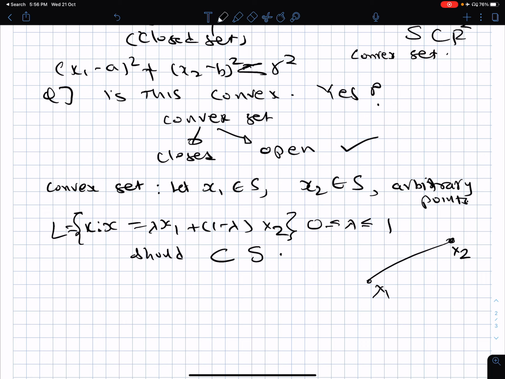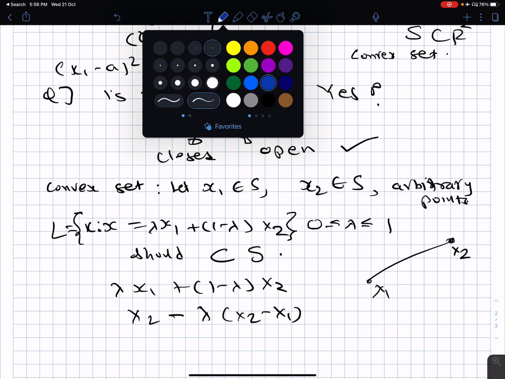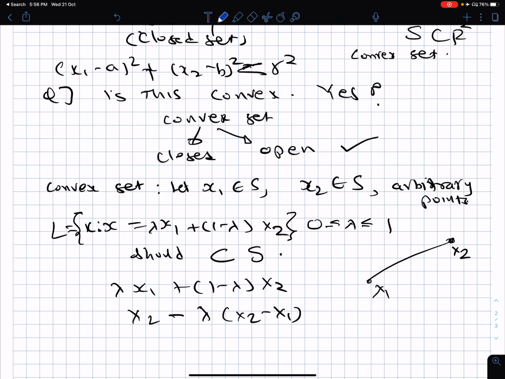Now lambda x1 plus 1 minus lambda x2 can be written as x2 minus lambda of x2 minus x1. So what I mean to say is, imagine a ray. x2 minus x1 is exactly this ray, and this lambda is in the closed interval 0 to 1.